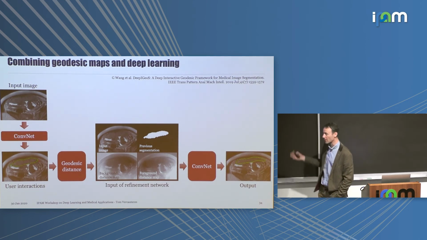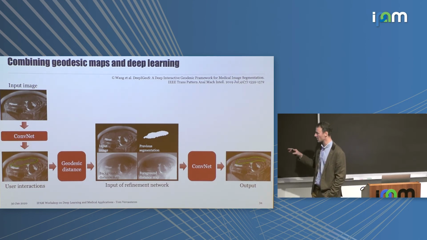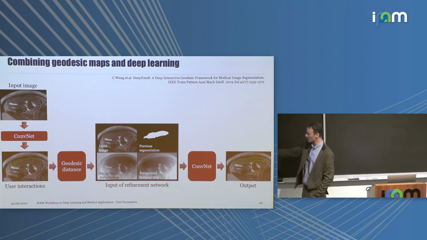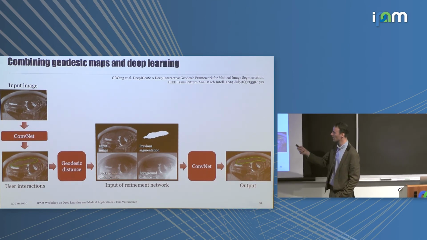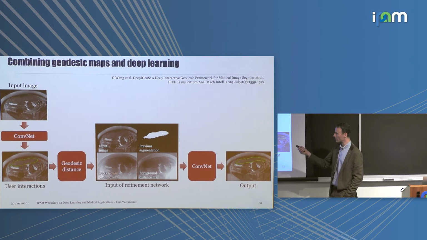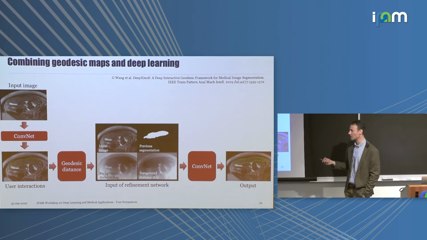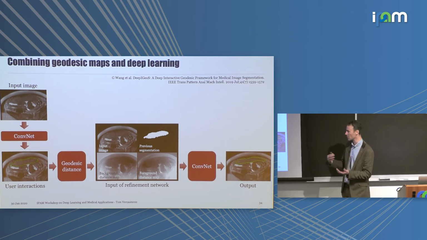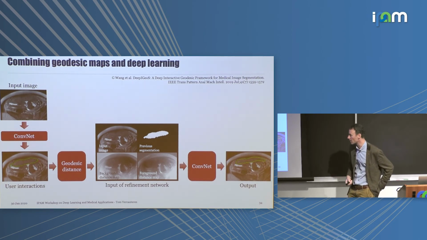So, unrolling this pipeline I was mentioning in one step, we have this automated segmentation first. We provide the scribbles. From these scribbles, we compute the geodesic distance of each pixel to the scribbles in the same way as we would in the classical approach.